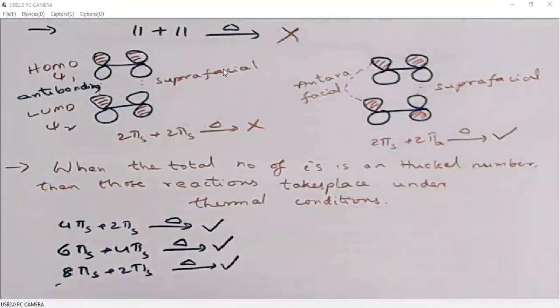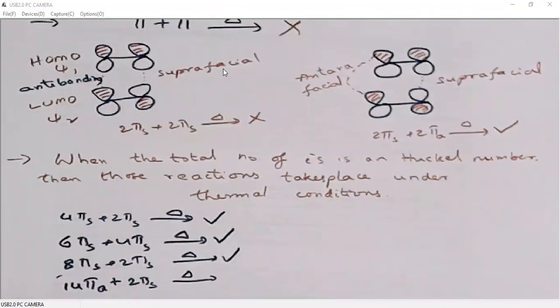If there is a reaction between 14 pi a plus 2 pi s, altogether it is 16 electrons, and 16 electrons is not a Huckel number. So if it is 14 pi s plus 2 pi s, the reaction will not occur.